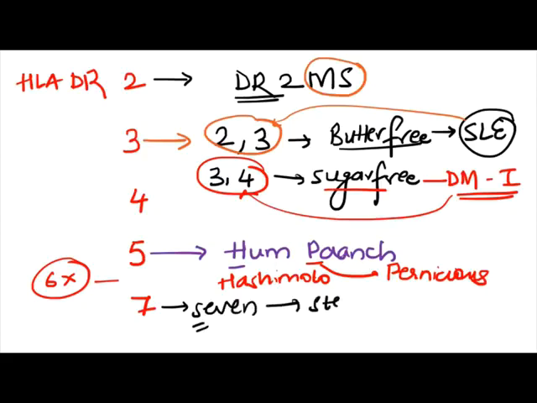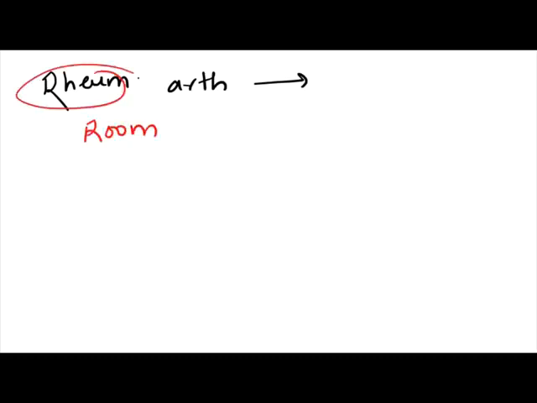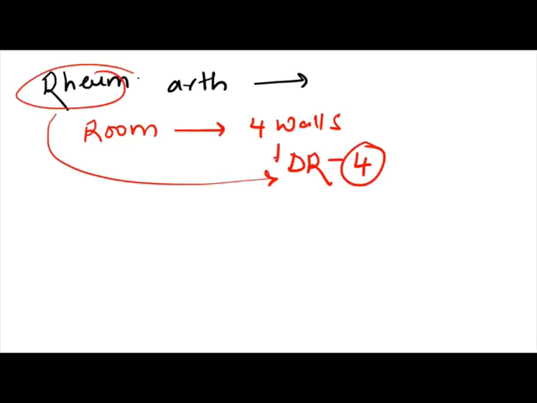So 7 is associated with steroid responsive nephrotic syndrome. Which HLA subtype is associated with rheumatoid arthritis? So a room has 4 walls, so it is associated with DR4. So rheumatoid arthritis is DR4.